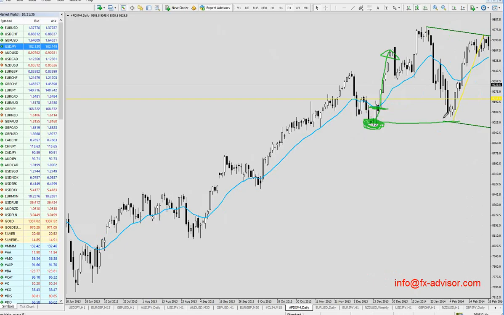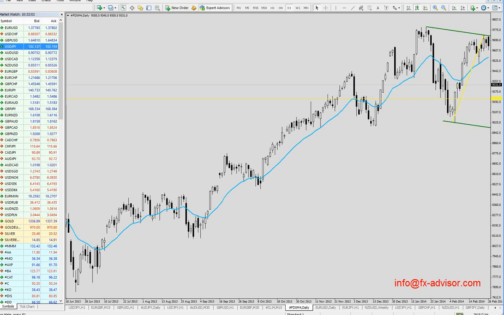but I wasn't a buyer here. To be clear, I was not the buyer here. Okay. But then please take a look, like this strong rejection of the downside pushed the prices higher.